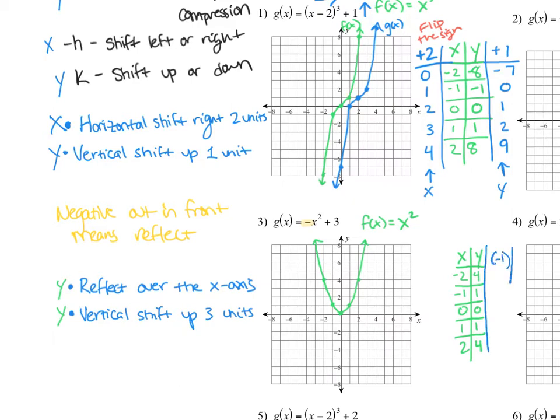So if I multiply my y values by -1, I'm going to get -4, -1, 0, -1, and -4. Next, like I said earlier, we're shifting up 3 units, so I'm going to add 3 to my y values. Now I'm going to be adding that to my new y values here, not the ones in green for the parent function, but the new ones here.